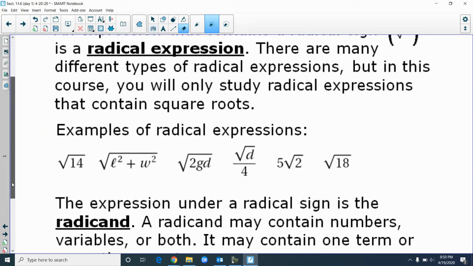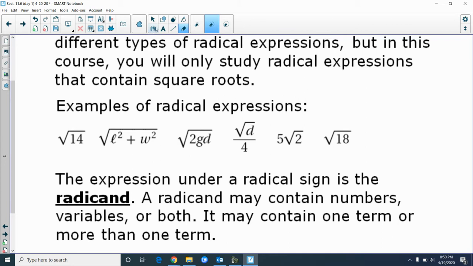And so in this case here, the radicand is 14. The radicand here is D. The radicand here is 2. It's whatever's underneath the radical. Now your radicand can contain numbers, variables, or both. So like right here, 2GD, that would be our radicand. L squared plus W squared, that would be our radicand. Just a little bit of terminology there.